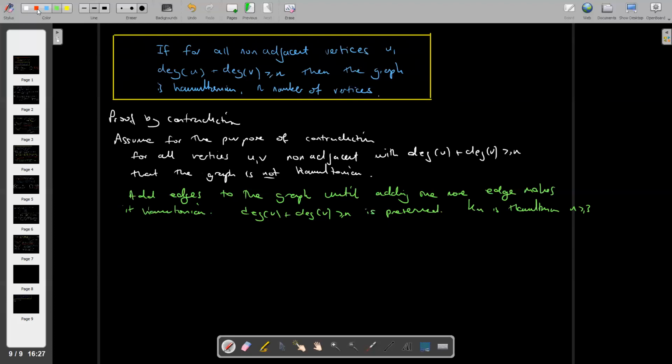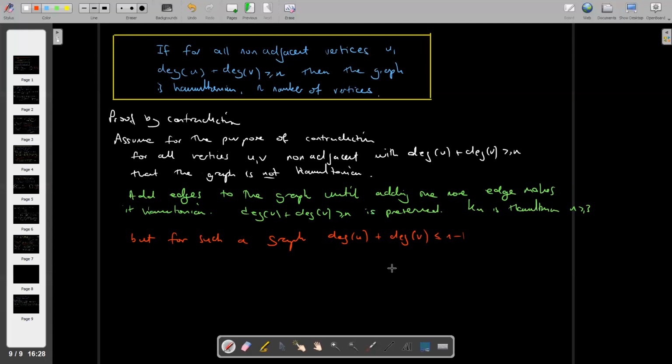Okay, so here's where the contradiction is. For such a graph, after doing this, we haven't done anything wrong yet, but we've just shown that if it has a Hamiltonian path, which this one would have because it's one edge away from a Hamiltonian cycle, then the degree of u plus the degree of v is less than or equal to n minus 1.